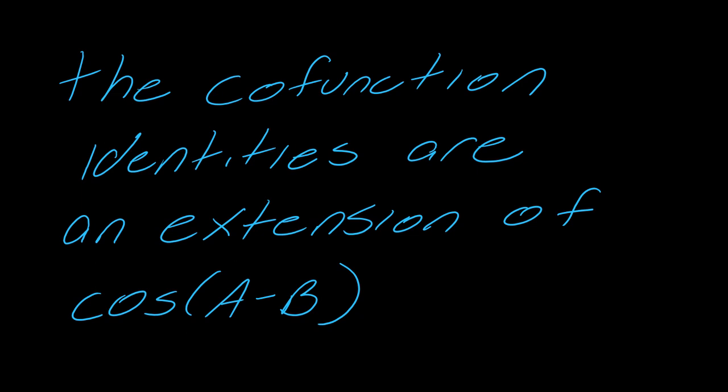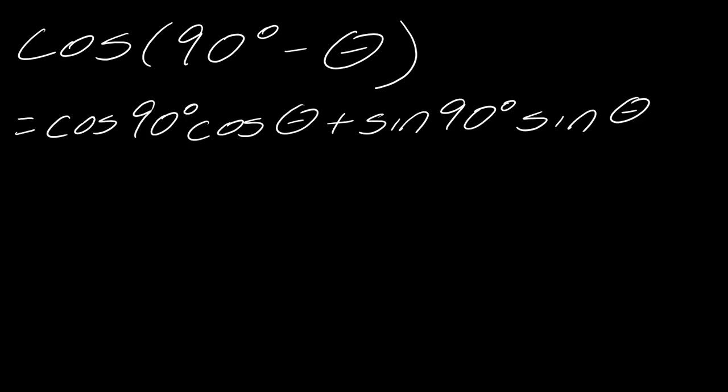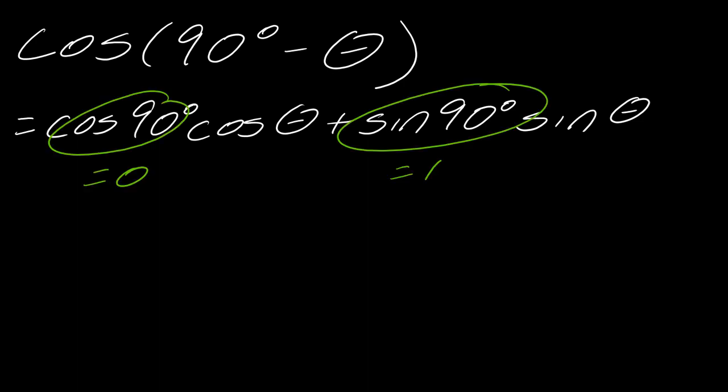The cofunction identities are really an extension of this difference formula. You may not remember what the cofunction identities are, so they start with this. If I go through and apply the cosine of a difference, here I am applying that formula. But cosine of 90 is equal to 0 and sine of 90 is equal to 1, so I can simplify all of this, and it comes out to sine of theta.